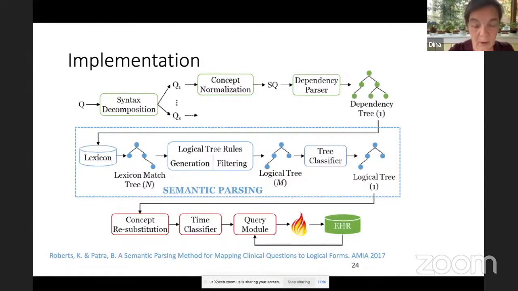Then Kirk went on and actually applied semantic parsing and has shown that he can convert these questions with the help of that semantic parser into something that, using FHIR, the EHR can answer provided you pointed in the right direction. So that was a very satisfactory result.